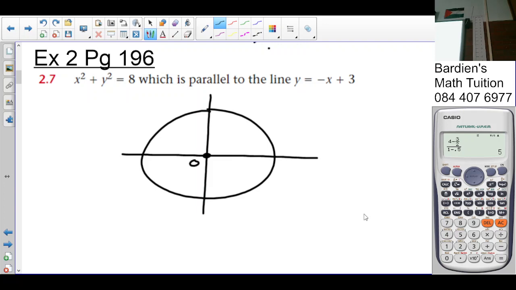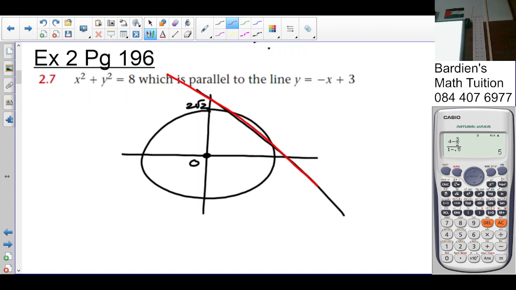So they didn't tell us that this is a tangent. The tangent will be parallel to this line. Okay? So the y-intercept of this piece here is going to be 2 root 2. The y-intercept of this here is going to be 3. So this line might go cutting through it at 2 points. Might be. Or even might not be. Okay? But what they're telling us is that the tangent is parallel to this line.